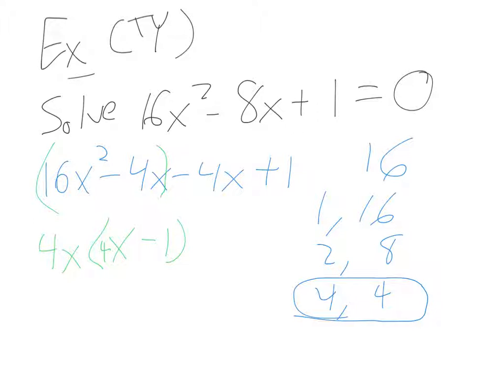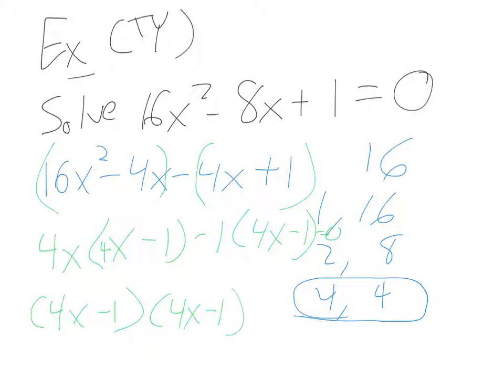And if you factor out a minus 1, so we can get this first term positive, negative 4x divided by negative 1 is just positive 4x. Then positive 1 divided by negative 1 would just be minus 1 again. That's still equal to 0. So if you factor the common factor, the 4x minus 1, out, you're left with 4x minus 1 again.